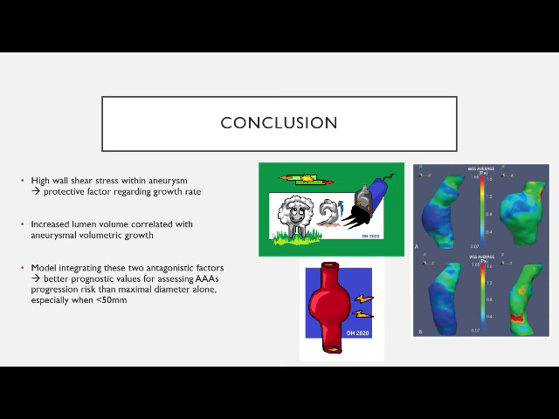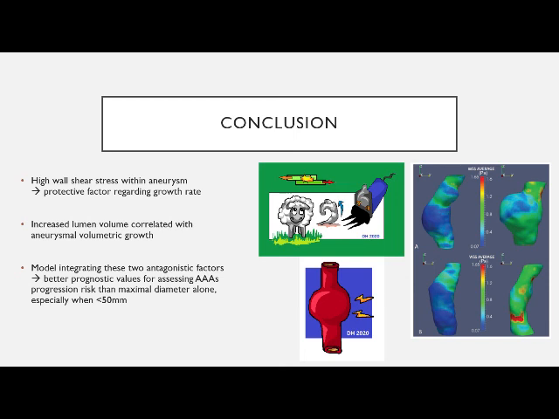Of course, if the volume is greater, the growth will also be correlated with that. So the model itself integrates these two antagonistic factors, with better prognostic values to assess abdominal aneurysms and their progression risk than the maximal diameter alone. This is especially true for aneurysms that are smaller than 50 millimeters in diameter.